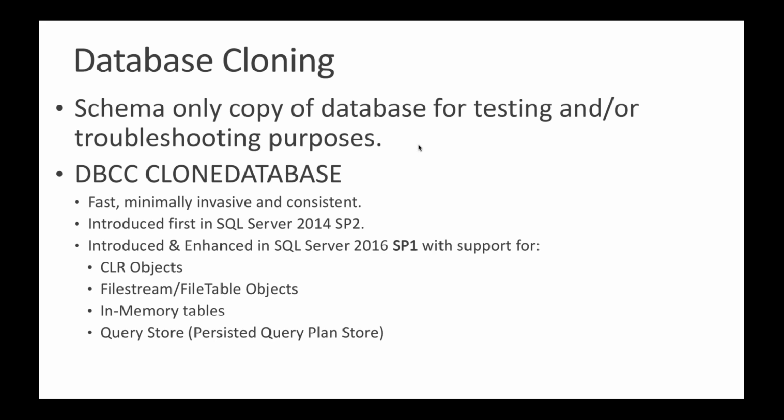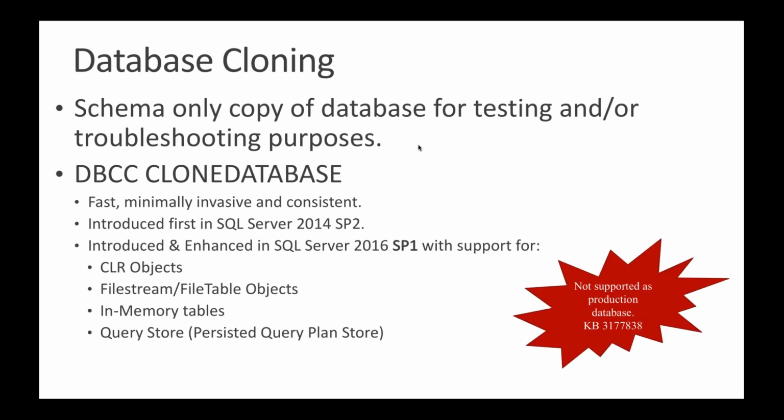Unfortunately, we can't use this for prod yet. It's because there are still some mainly issues with IDs, but this is available and we do have it handy. Not supported for production databases, but this is fast and easy. Pretty cool technology that's part of SQL 2016 or 2014 going forward.